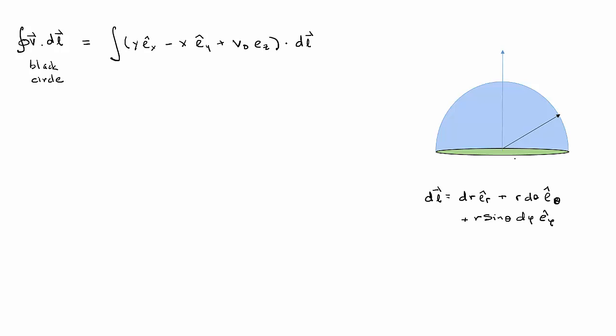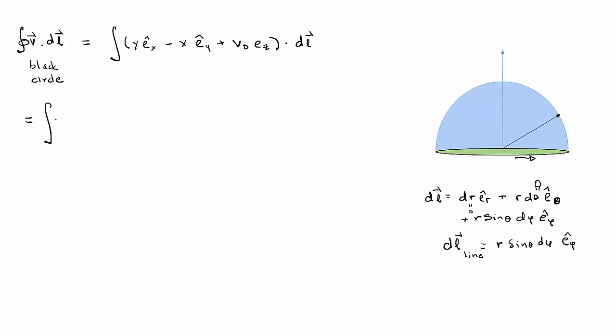Now, for this circular path over here, dr is 0, and so is d theta. So dl for us, practically, for the circle, is r sine theta d phi e phi. So we can come over here and continue our integral. When I do this, let me go ahead and write out the expression for y and x in spherical coordinates.